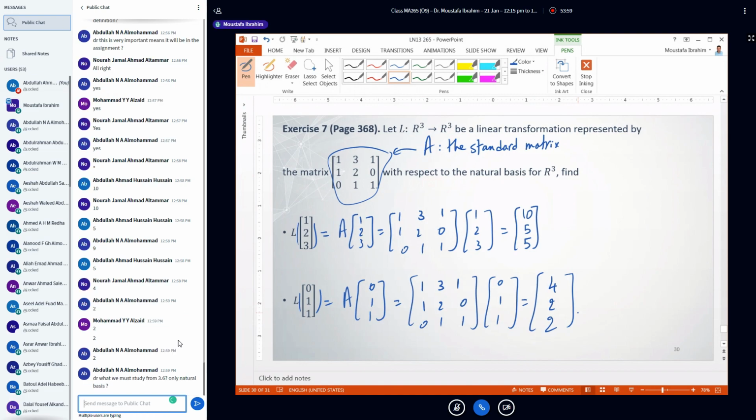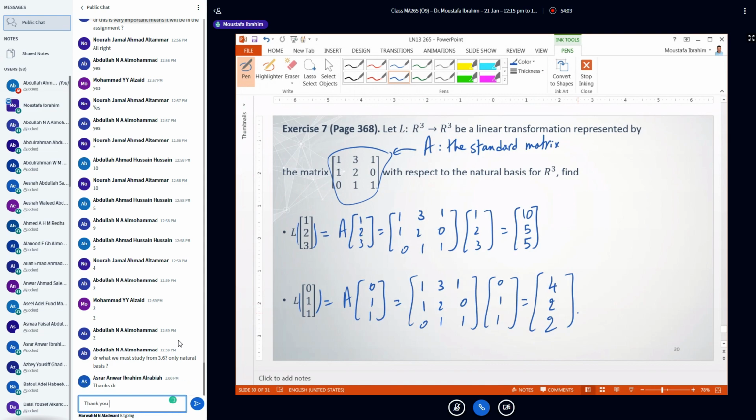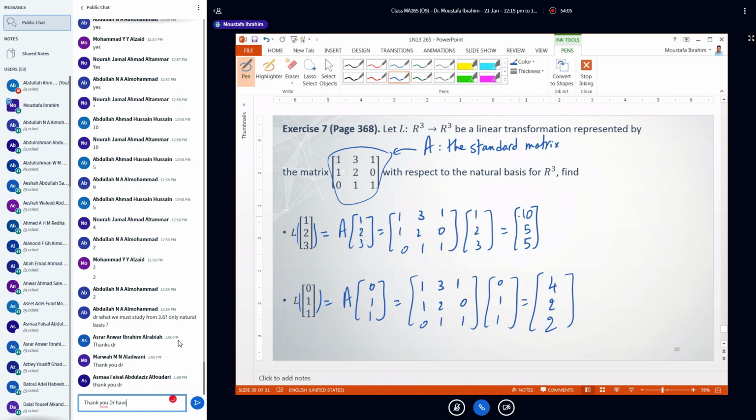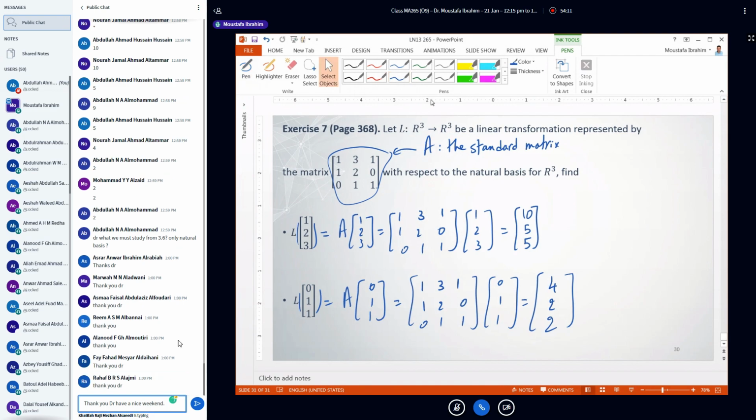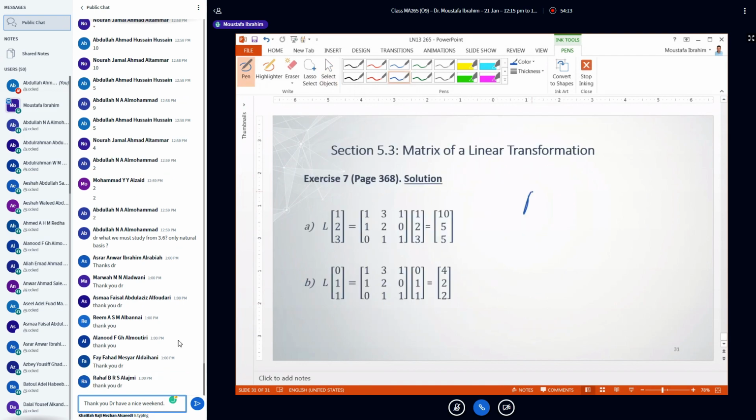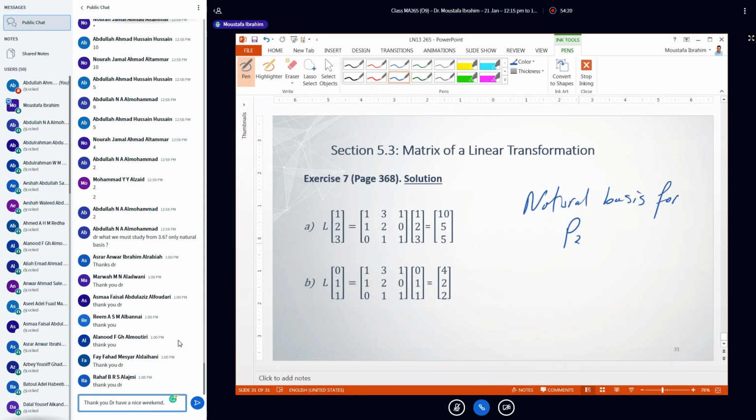Thank you very much. If you don't have any question, yes, you need only the standard natural basis, correct. What's the natural basis for Rn, R2, R3, R4, natural basis for P1, P2, P3? Like, look, what's the natural basis for P3?